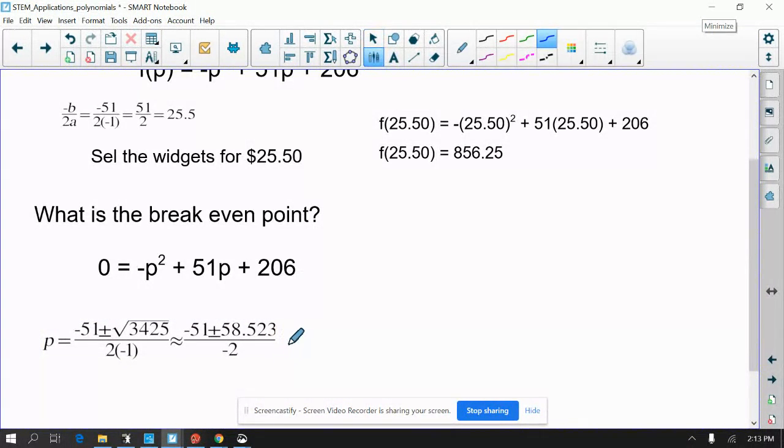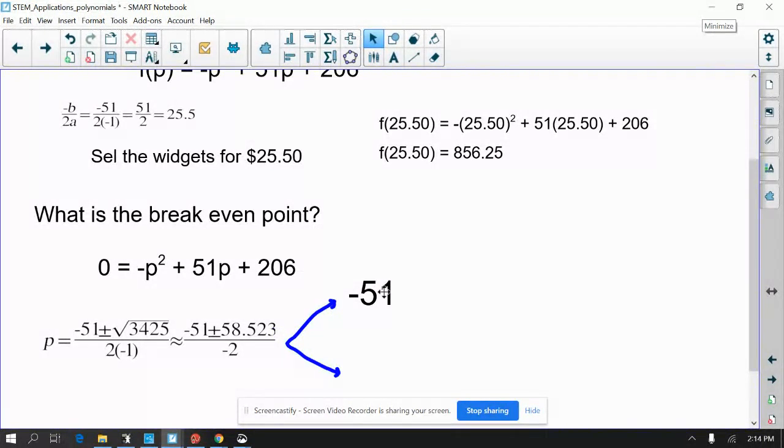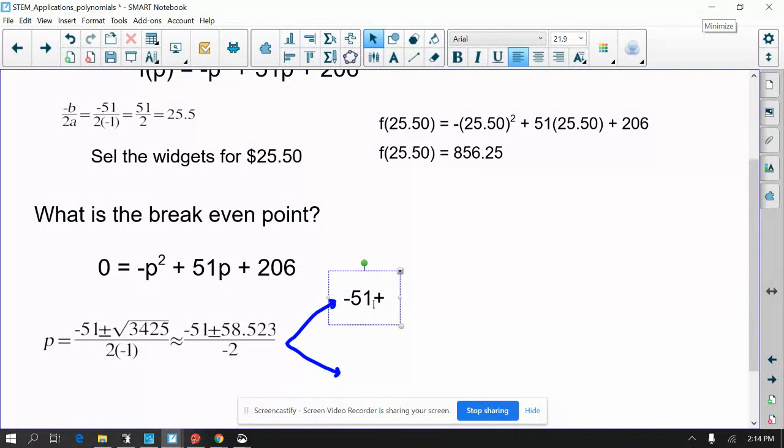So now I split it up into two numbers. Quadratic formula almost always gives me two answers. So I got negative 51 plus 58.523, and that is 7.523. And I divide that by negative 2.